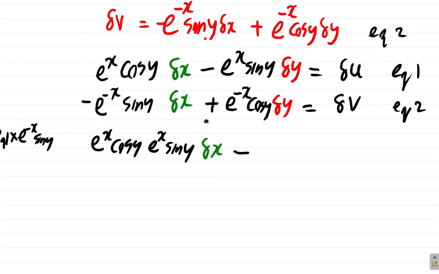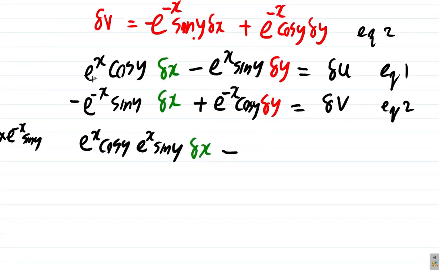So we're multiplying e to the x cos y by e to the negative x sine y. Oh, I didn't put the negative here. Minus, up top here is e to the x sine y, I will multiply it by e to the negative x sine y, and then we have our delta y.